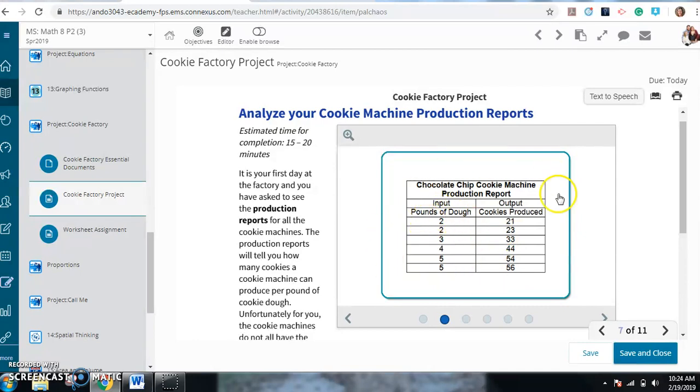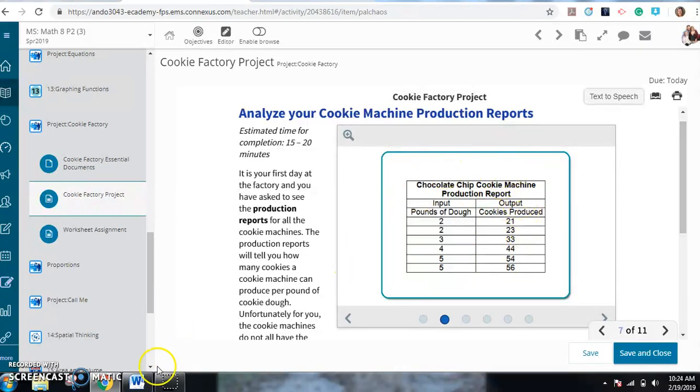So we can remake this input-output table and say, once we fix it, it should say 2, 22, 3, 33, 4, 44, 5, 55. Then I've got a working machine. And I can say that the input times 11 equals my output, because 2 times 11 is 22, 3 times 11 is 33. So I'm looking at it and saying, what should be happening here if I'm looking for a pattern?